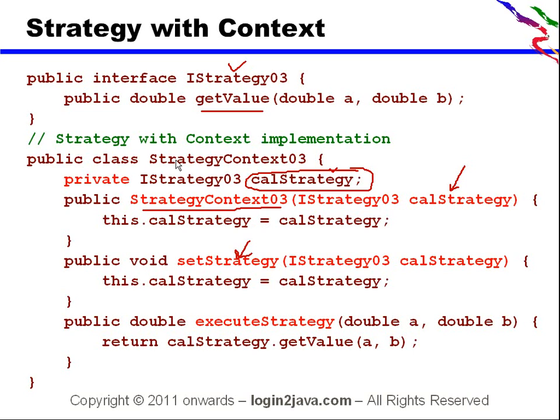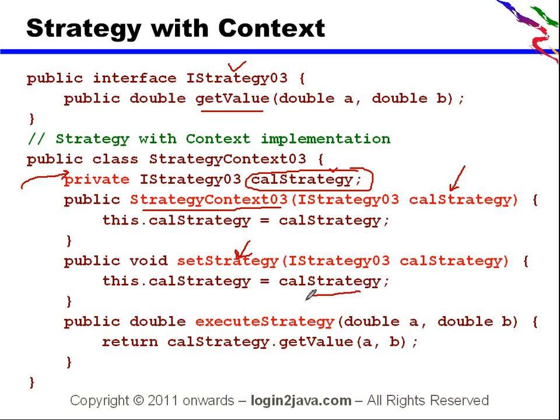Definitely the missing thing here at this place is the context data, but you can easily imagine that there can be some data common to all these strategies that we can have over here, right?